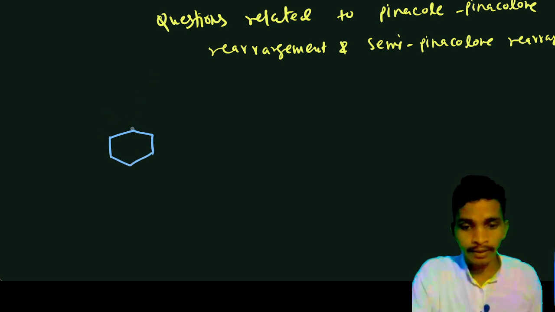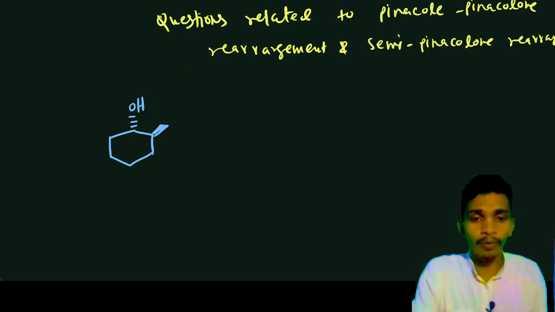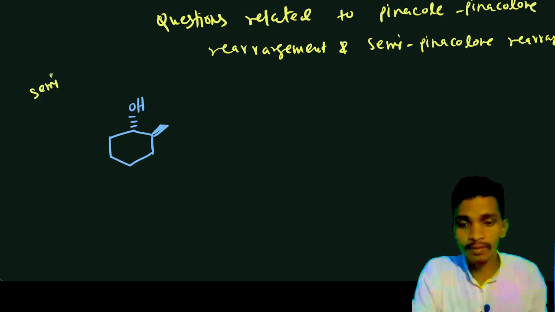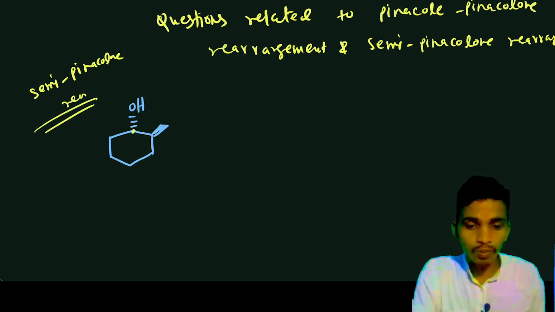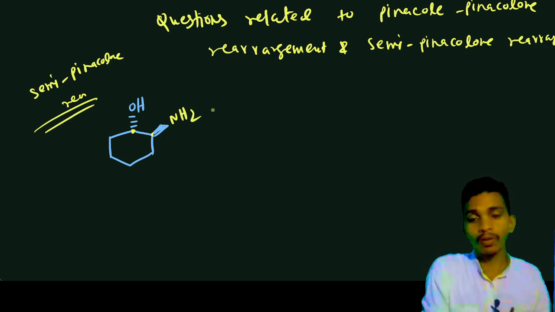Let's say here we have this OH on the above side. In the semi-pinacol rearrangement, what is there? In two adjacent carbon atoms, one will have OH, and the other will have NH2 or it may be chlorine, something like that.